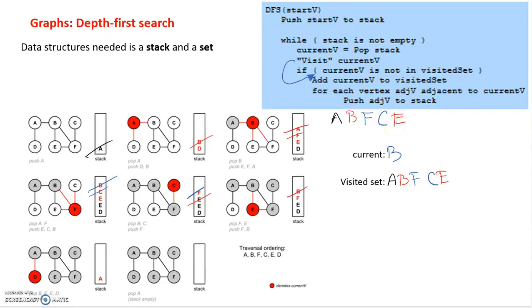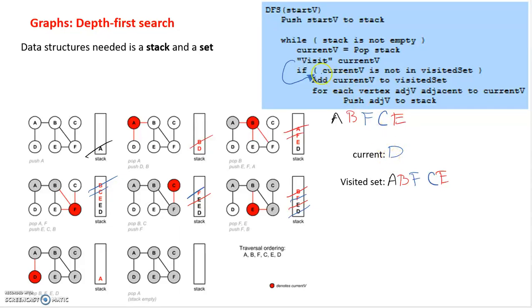So go back up to the top of the loop. Next element is popped from the stack, and that is F. F also is in the visited set. Nothing happens. You go back to the top of the loop, and E once again is popped. E is in the visited set. Nothing happens. You will pop the next element off of the stack, and in this case it's D.